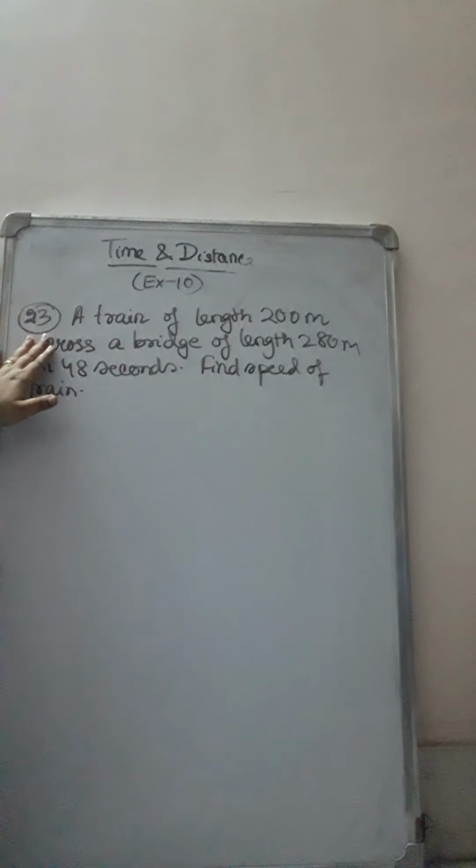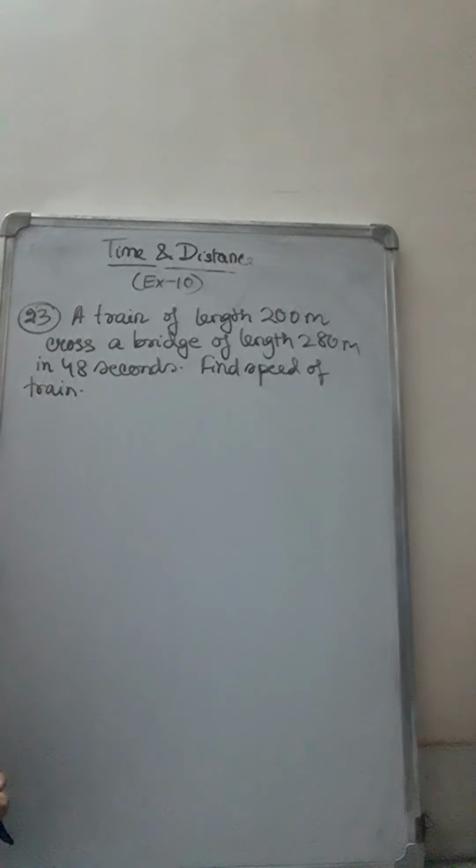This is sum number 23, just the next sum. These sums are easy if you understand how your distance travelled changes when the train is crossing a stationary object: length of train plus length of bridge or platform, whatever is given. And if the train is crossing some standing object like an electric post, then the distance covered to cross the post will be only the length of the train.